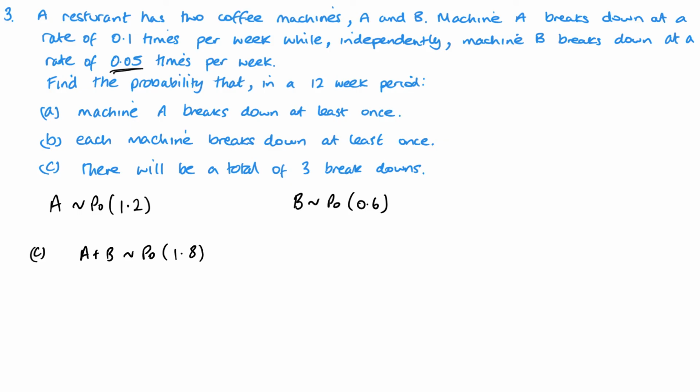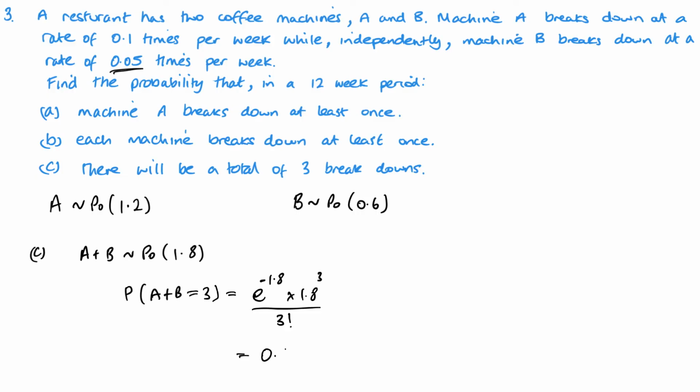I added my 1.2 and my 0.6 there. Total of 3, so the probability where A plus B equals 3. So that's e to the minus 1.8 times 1.8 to the power 3 over 3 factorial. And then let's just go into my calculator.